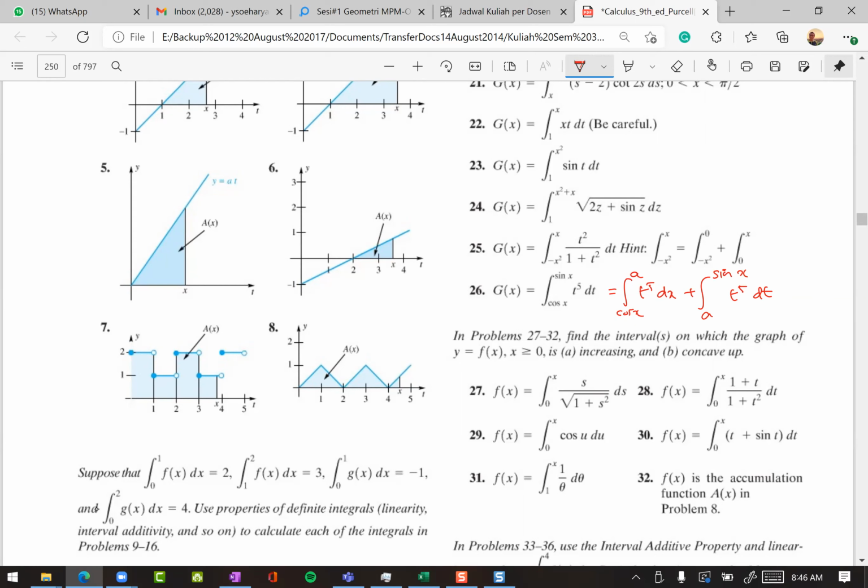The problem is that the constant is in the upper bound, so we need the constant in the lower bound. So switch upper and lower bound. When you switch upper and lower bound, you get a negative. Okay, you switch this one, and you compute the second integral. Let's use the fundamental theorem of calculus one. Right, so that's the idea.